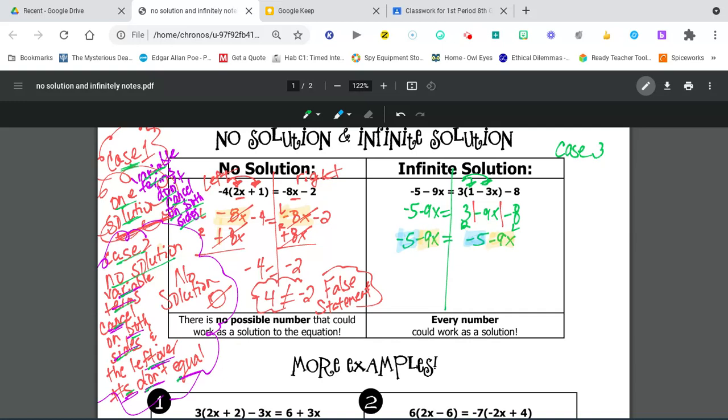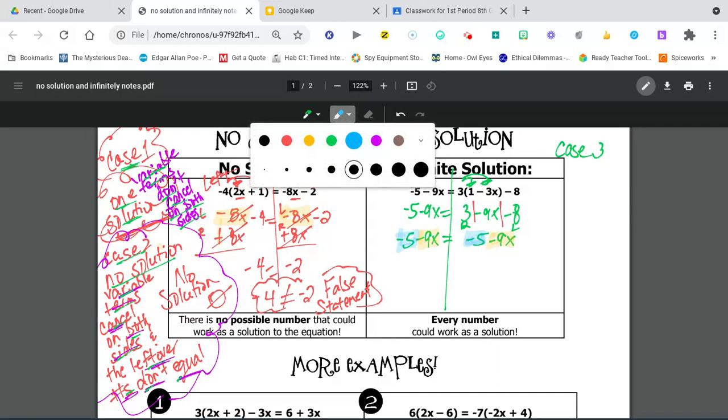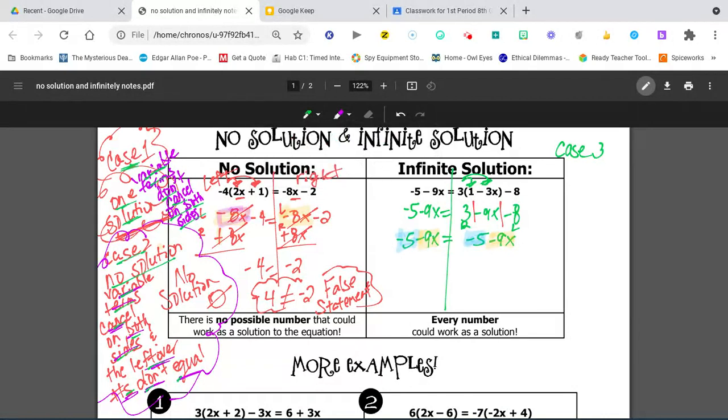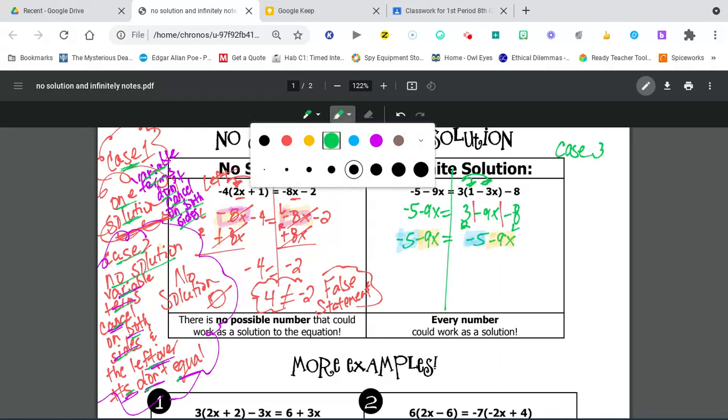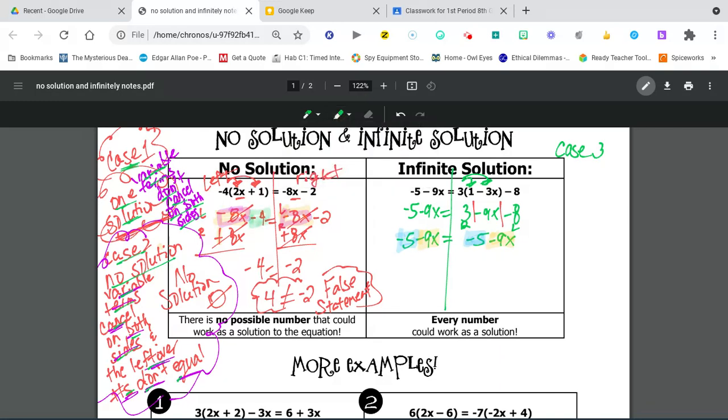Now be careful, because when we were over here, although the variable terms may have been the same, the numbers were not the same. But if you look on this problem, the variable terms are the same and so are the numbers.